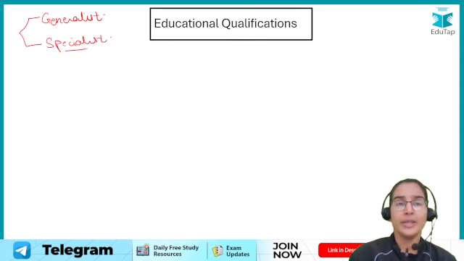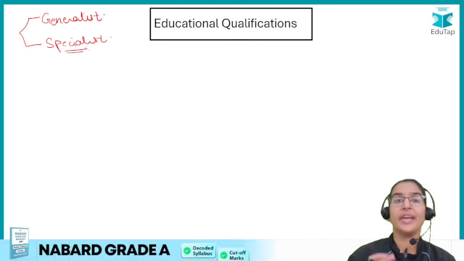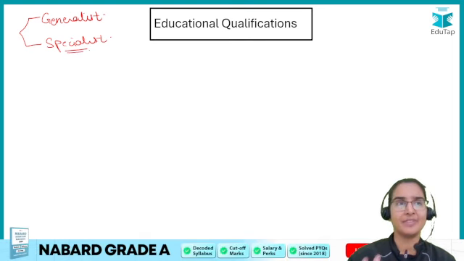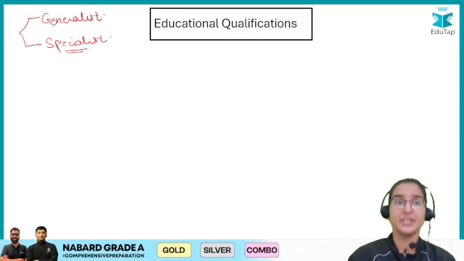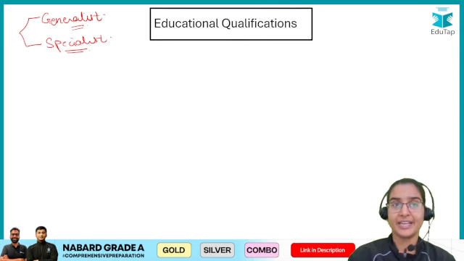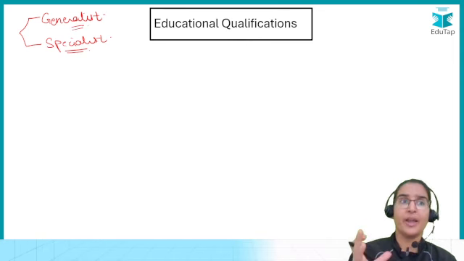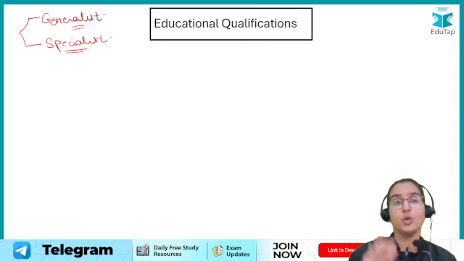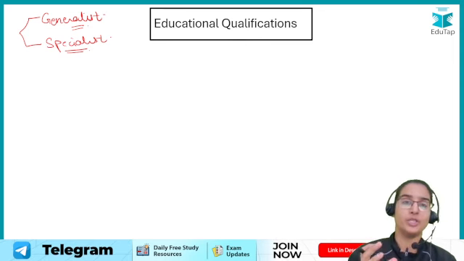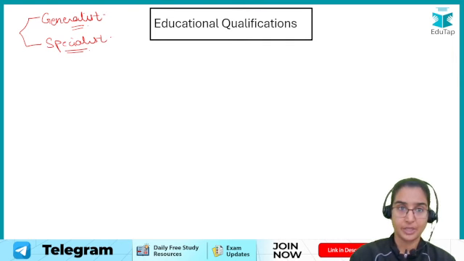In these specialized streams, we get positions for IT, accountancy, finance, forestry, and different specialized positions. Whereas in the generalist category, the job profile is going to be a general job profile only, right? So for these two kinds of positions, NABARD releases the notification as far as the NABARD Grade A examination is concerned.